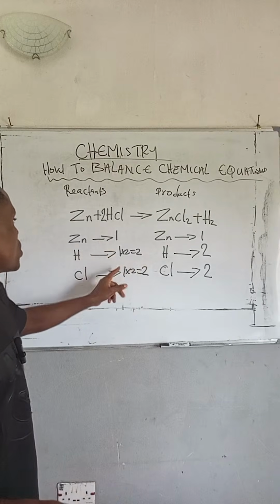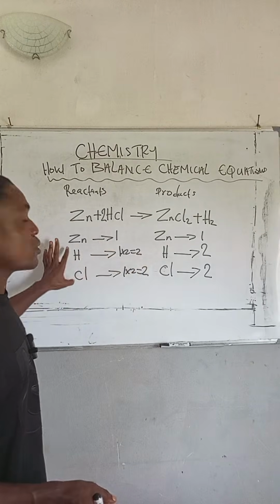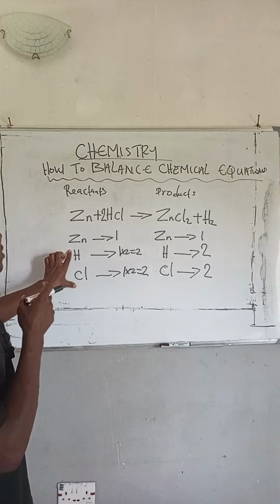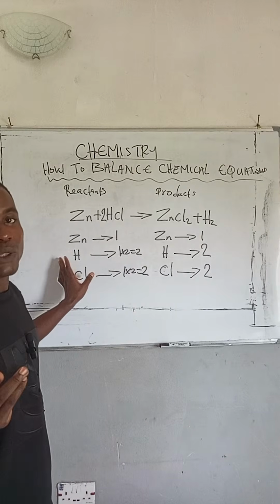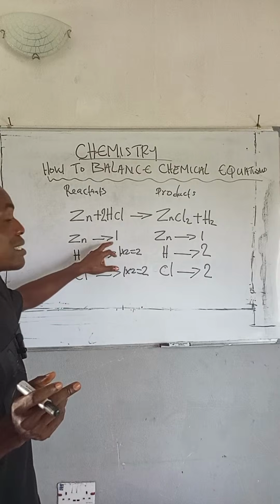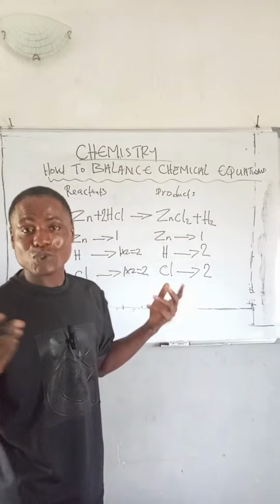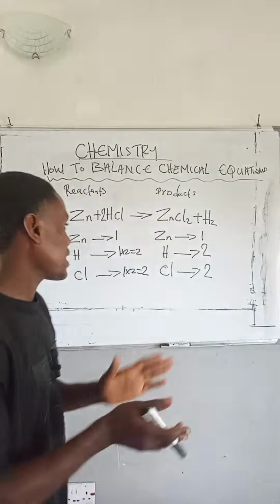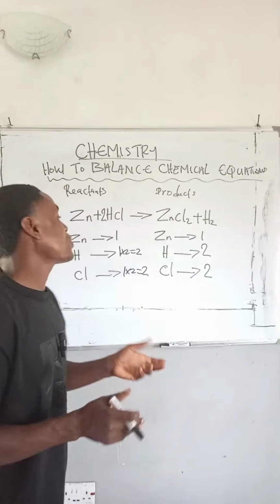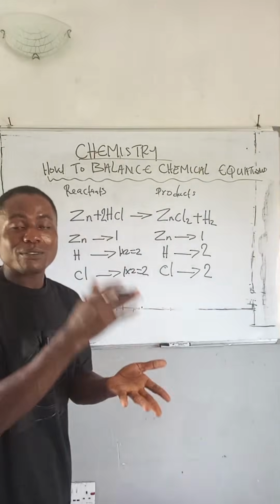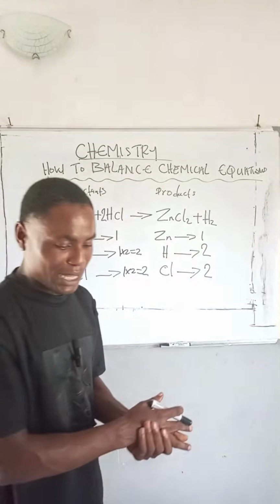You think that because hydrogen and chlorine contain 2 atoms on both sides, zinc too must contain 2 atoms, right? No, no, no. It's not like that. It's not compulsory that they must have the same number of atoms.